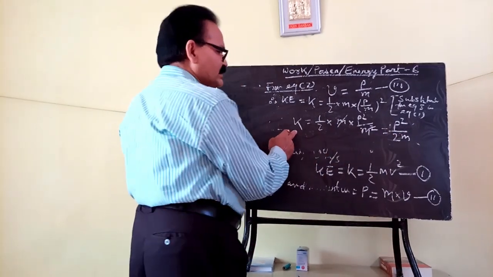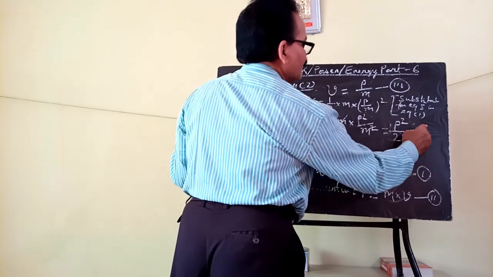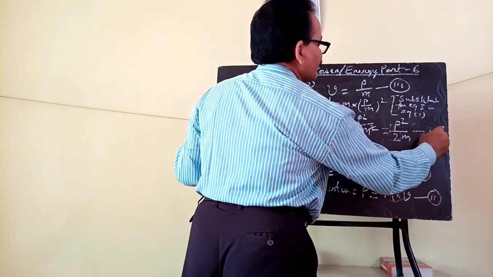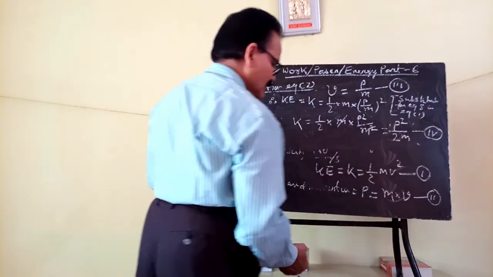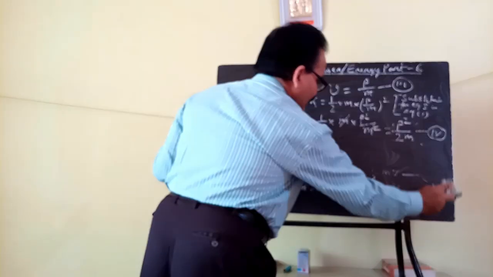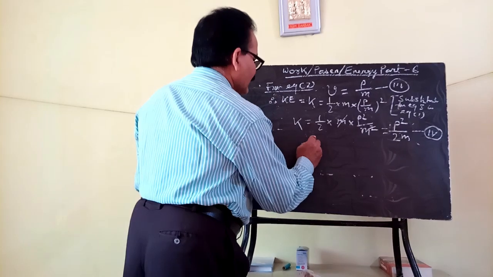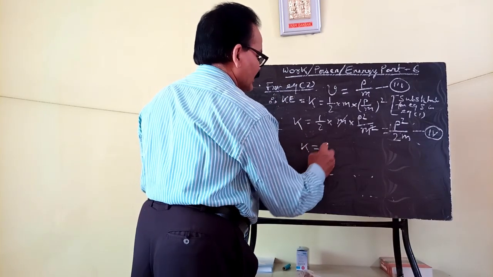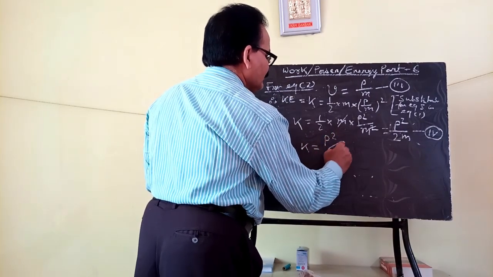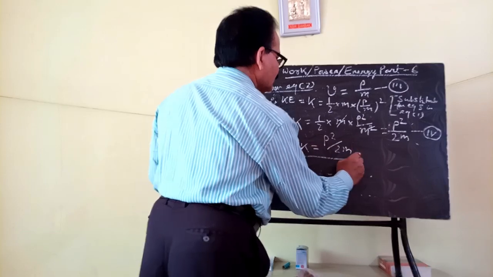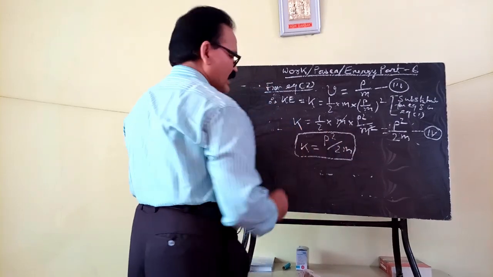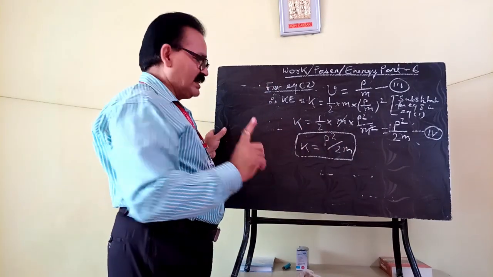So kinetic energy K equals P square by 2m. This may be treated as your equation 4. This is the relation between kinetic energy and momentum having the mass m.